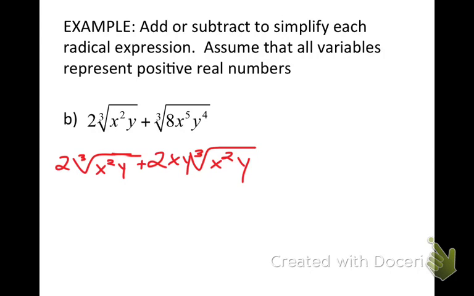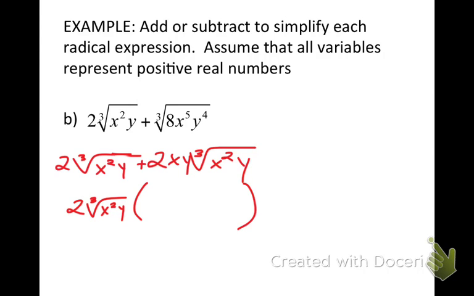But what the book does have you do is factor out the common factor of them. So I see a 2 here, I see a 2 here, so I know I can factor out, reverse distribute, a 2. I also can factor out the like radical, which would be a cube root of x squared y. So if I factor that out, what's left over in the first term in front of the plus sign?